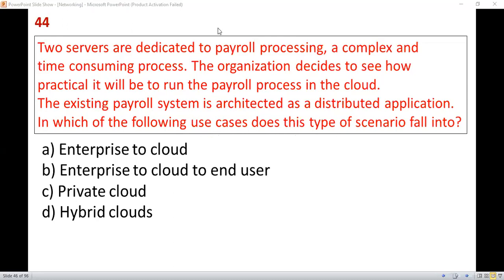Some of the students are replying with answer B. It will be correct. The answer for this question will be enterprise to cloud to end user.